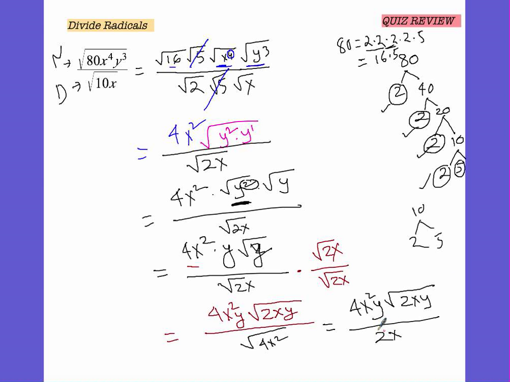Yes, I can cancel out 2 and 4. 4 divided by 2 gives you 2. And then when I divide x to the power of 2 by x, I'm going to get x right over here. So your final answer is this. We have 2 x to the power of 1, or just x, times y, square root of 2xy. So this will simplify to this.